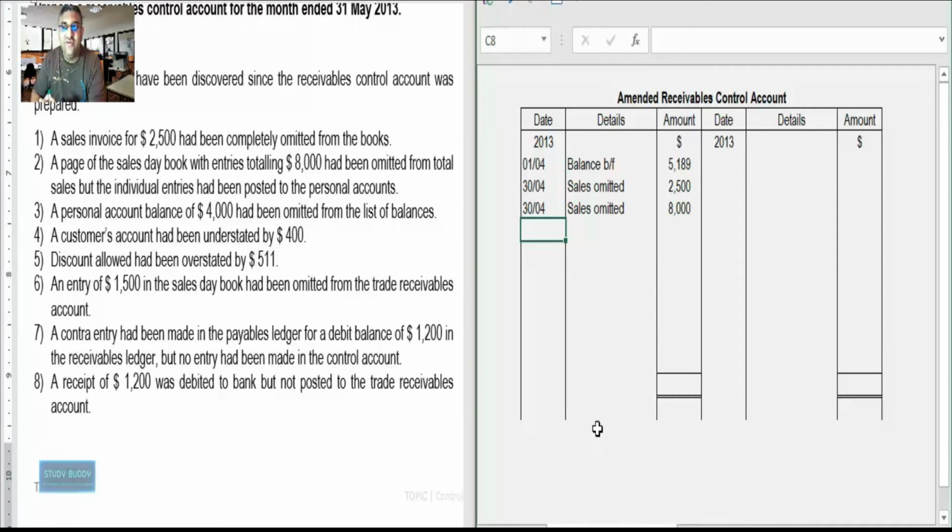We have booked discount allowed in excess by $511. Now we've got to reduce that amount. And how do we do that? By debiting the amended receivables control account by $511 on the 30th of April. And this is discount allowed overstated.